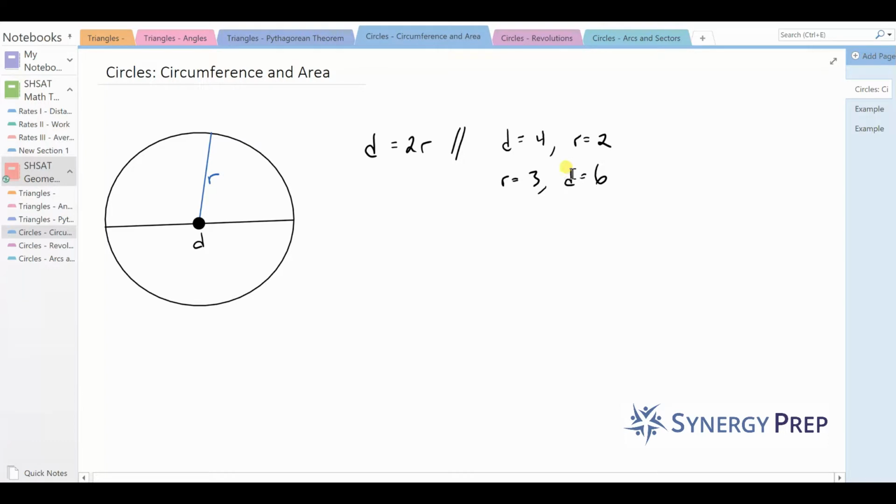There's 2 formulas for the circle, and the first one is the circumference. And basically the circumference is the same thing as the perimeter of the circle, right? So it's this edge right here.